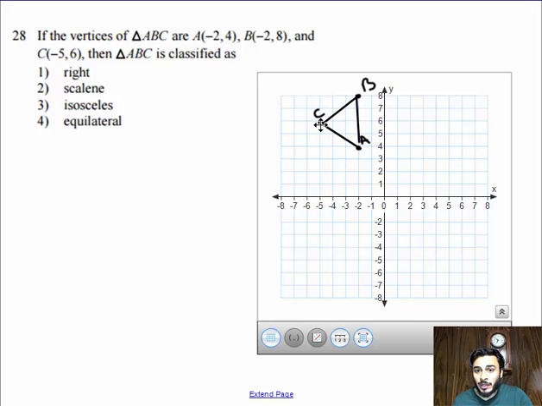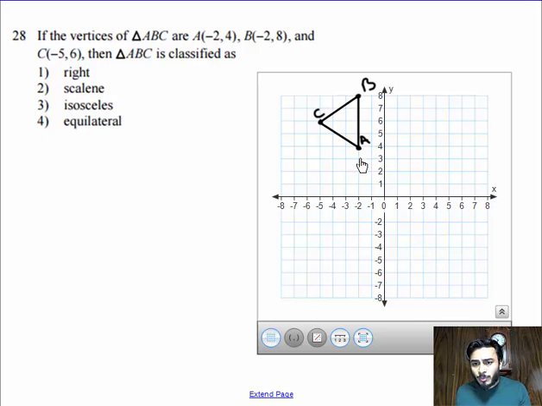I do it because I believe it helps me. Another approach would be to just simply use the distance formula and find the 3 distances of the triangle, and then based on those distances classify it as either right, scalene, isosceles, or equilateral. Okay, so this is the method I chose to do.